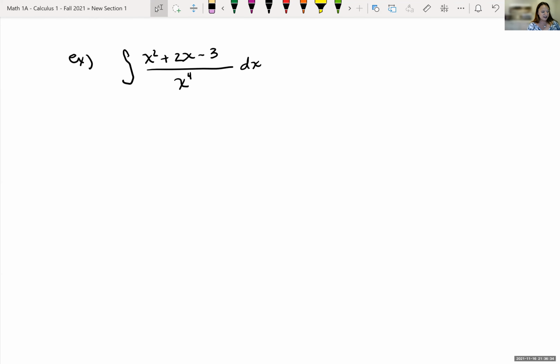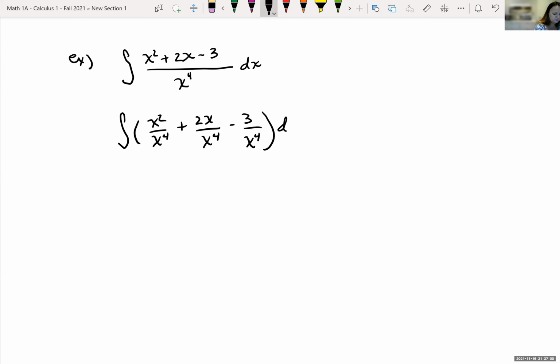Before, when we started, if we had something like this and we needed to take the derivative, we didn't know the quotient rule. And so remember how we rewrote this as a sum of multiple fractions. So we could just divide each term by that x to the 4th power, right? And so this is the same thing as saying x squared over x to the 4th plus 2x all over x to the 4th minus 3 all over x to the 4th dx.